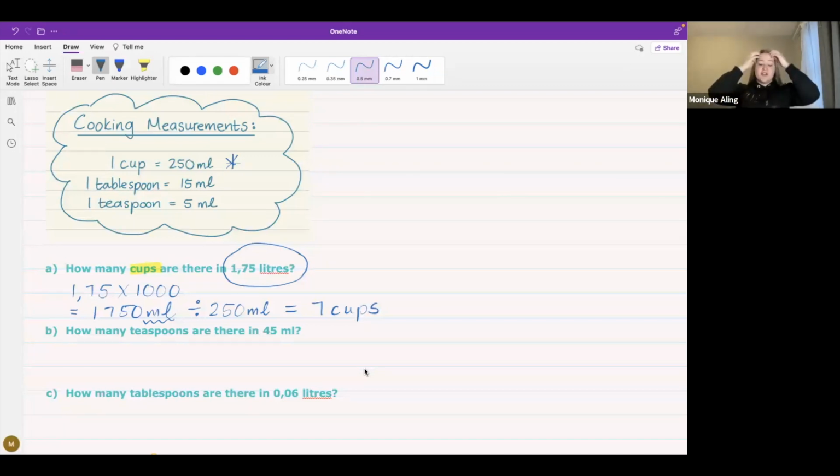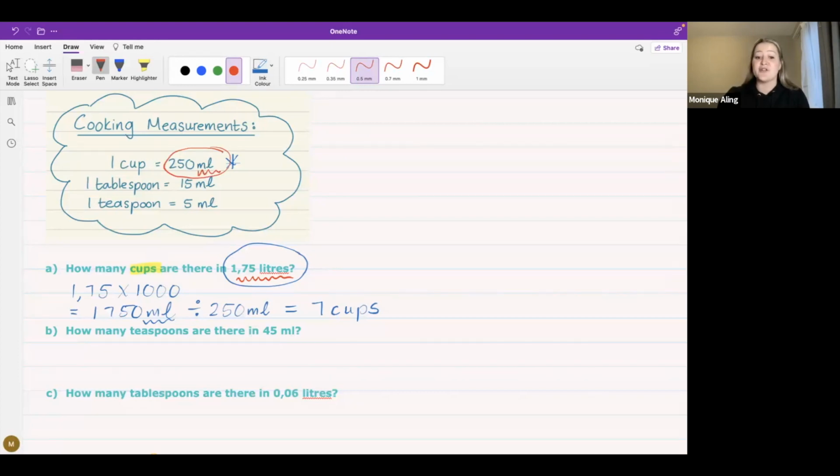Okay, so just to reiterate, we first have to convert our liters into milliliters. So can you see the question said, how many cups fit into 1,75 liters? But the only way we can convert to cups is we have to have our amount in milliliters.